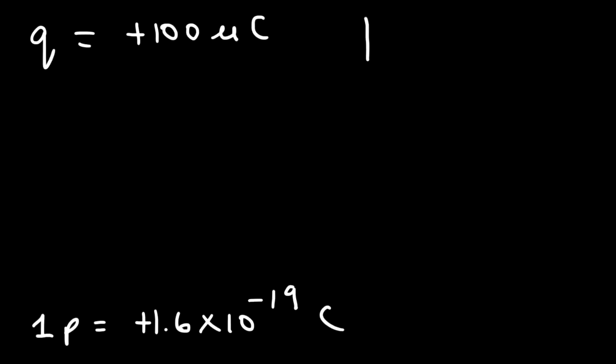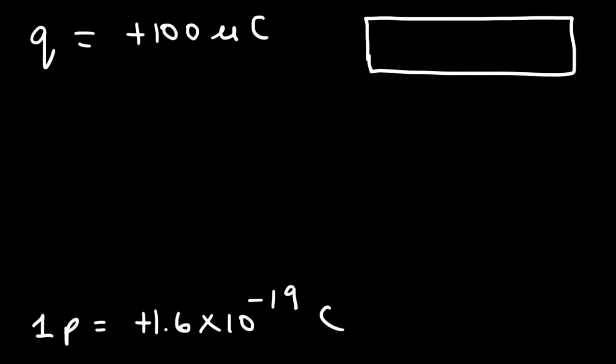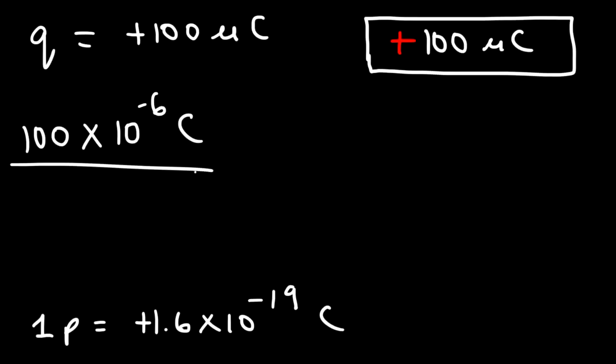So let's say if we have a piece of metal with a charge of positive 100 microcoulombs, there's more protons than electrons in this object. Now to quantify it, we're going to convert coulombs to protons. 100 microcoulombs is 100 times 10 to the negative 6 coulombs.